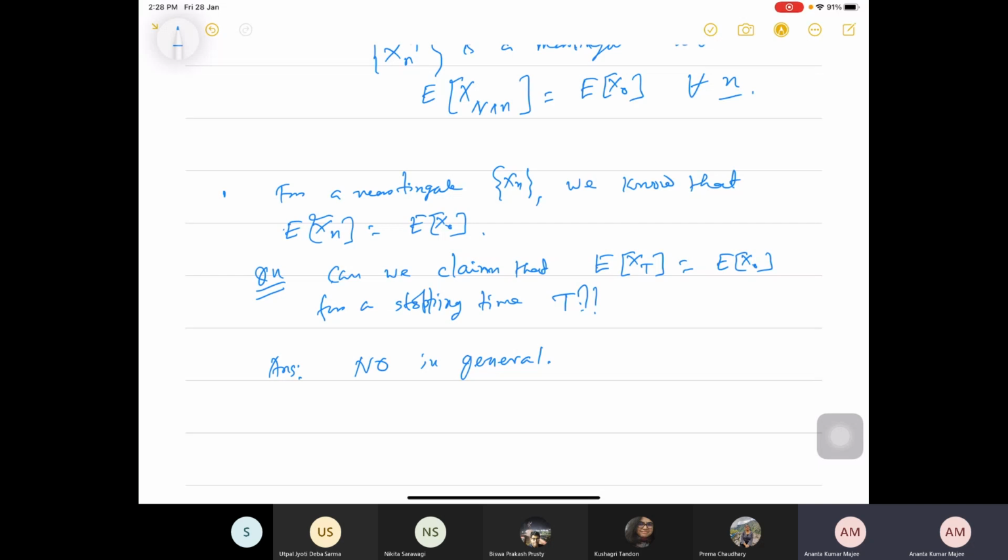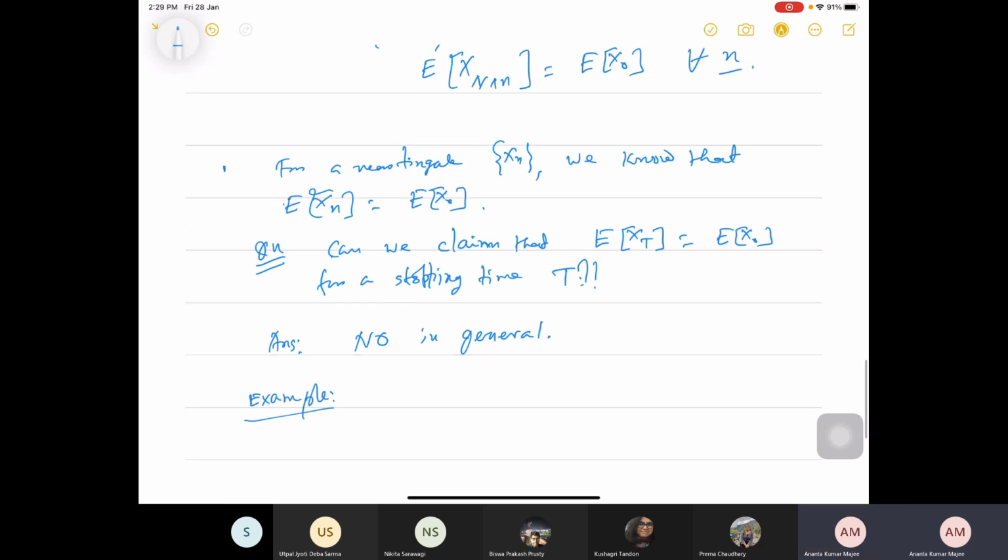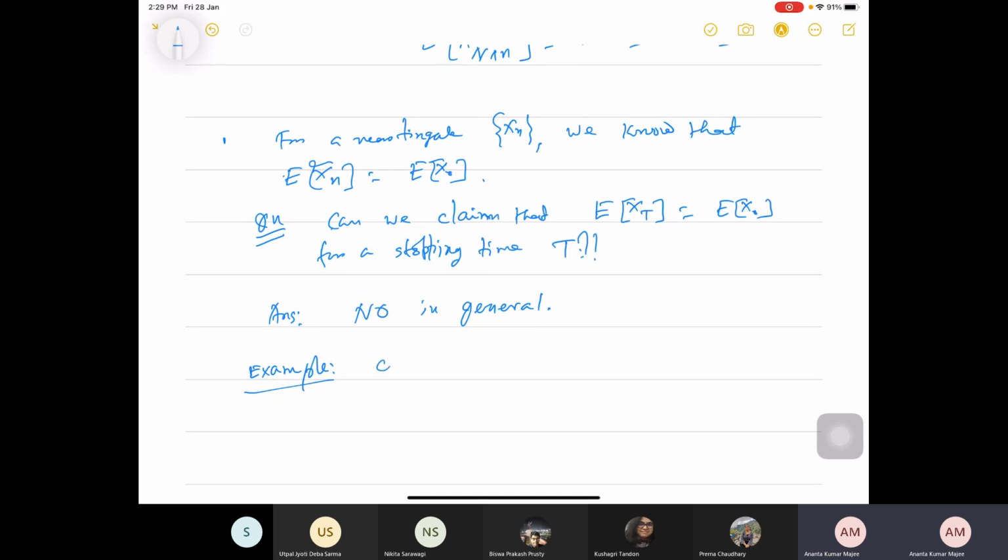Let us consider one example. Consider a coin toss experiment.